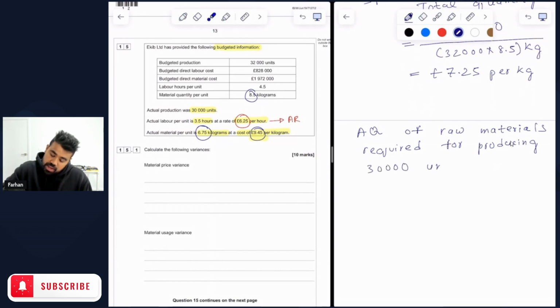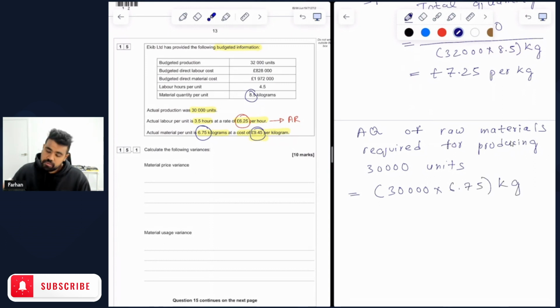So we understand that each quantity needs 6.75 kilograms, based on the last line in the question. And given that we have 30,000 units in total that we have produced, the actual quantity of raw materials becomes 30,000 multiplied by 6.75.